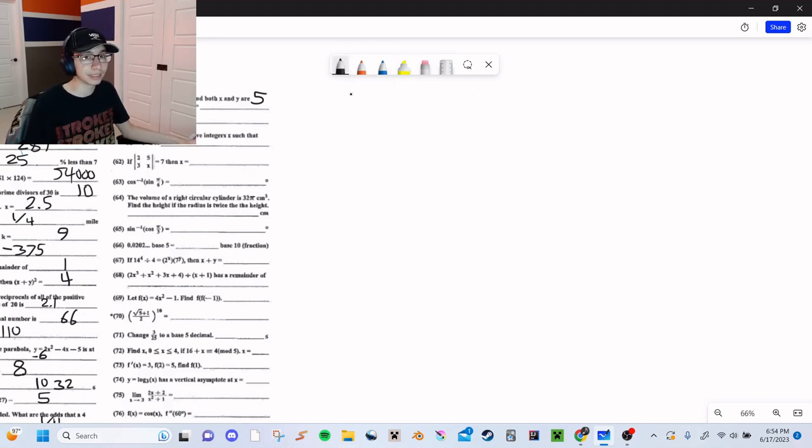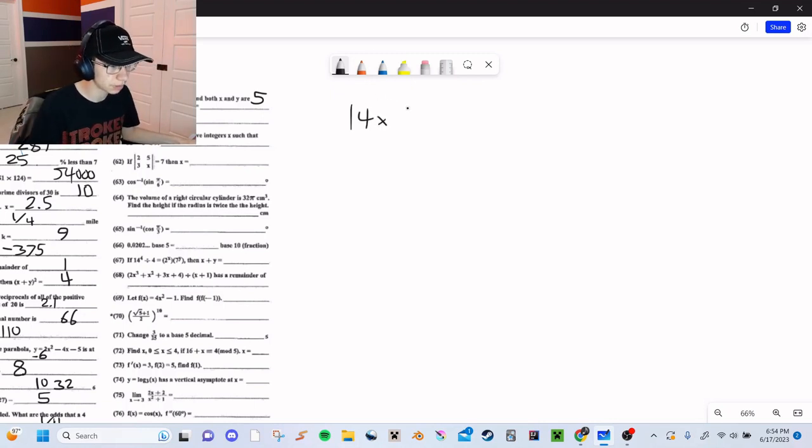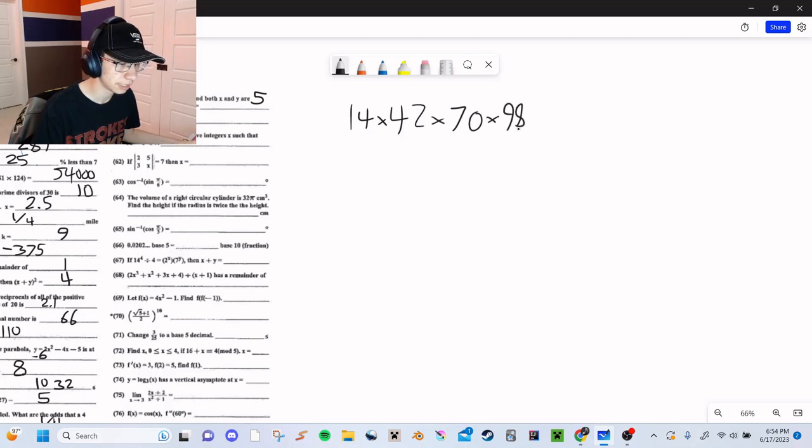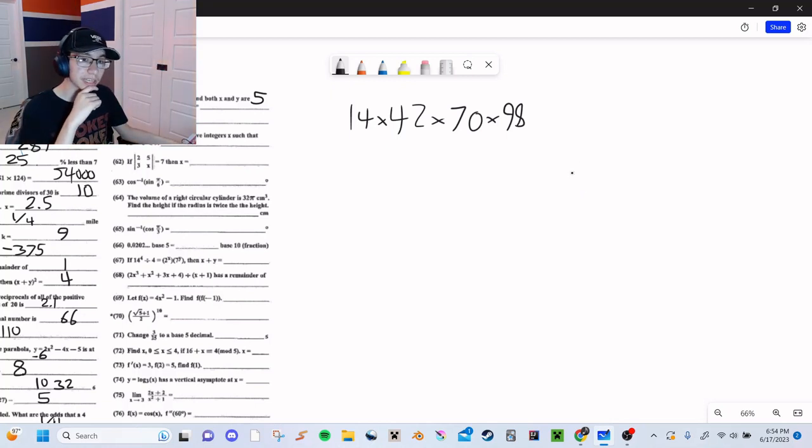60, another estimation. Let's look at what we got. We got 14 times 42 times 70 times 98. So let's get creative here. What can I do? Let's round a bit.